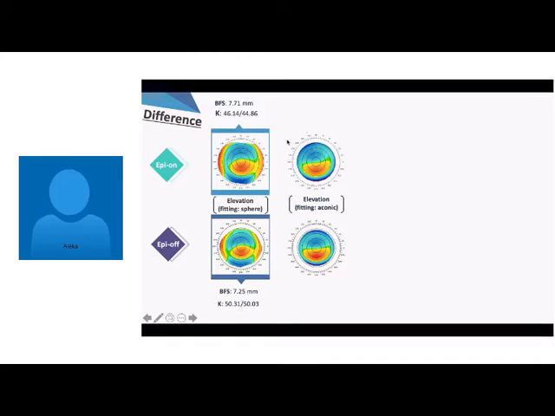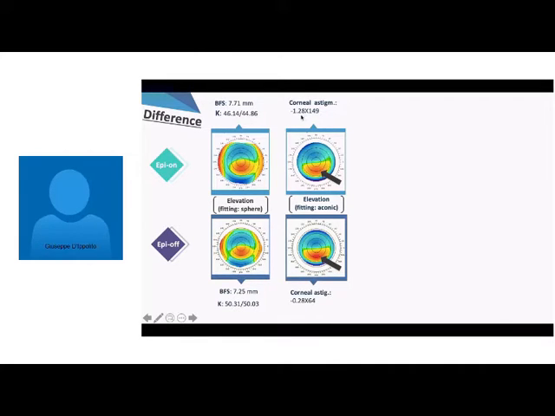If you look at how astigmatism is measured on the surface compared to the stromal astigmatism, we fitted a conic surface, and we could see that the corneal astigmatism measured on the surface was 1.28, and the measure on the stroma was only 0.28.